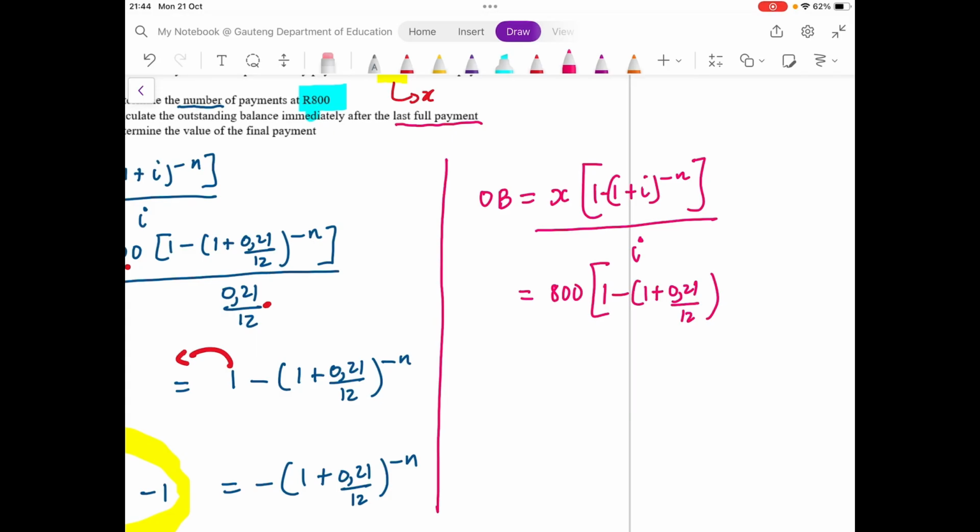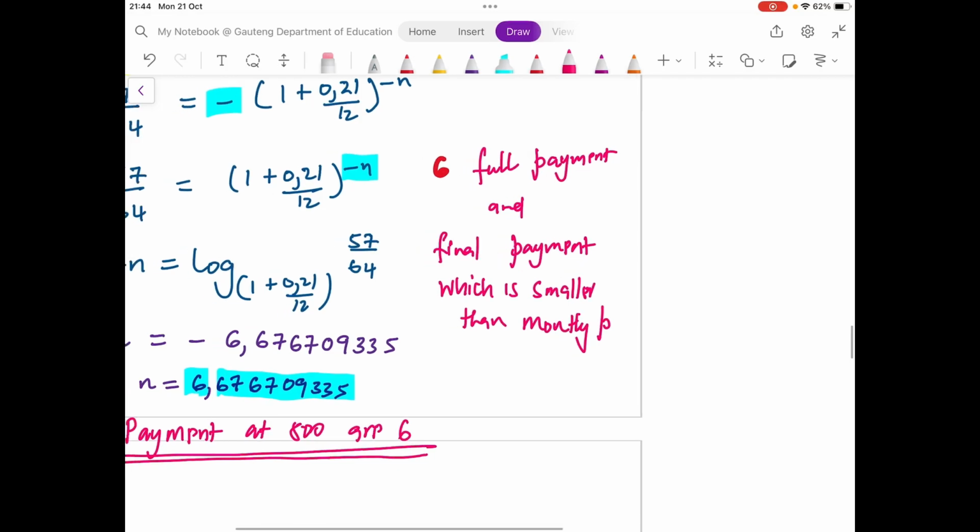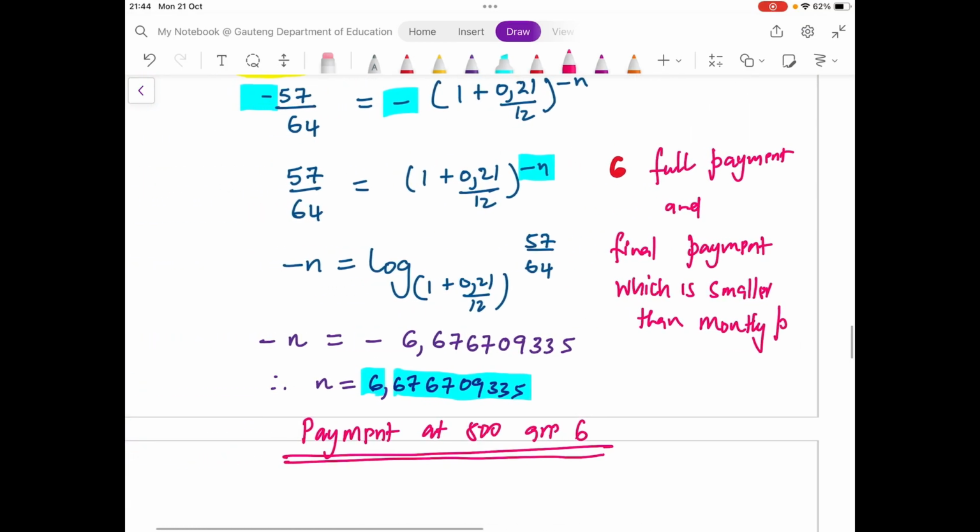And now your N is the number of remaining payments. So you just take the number of payments and subtract the payments that have been made. So from this number that we got here, we are going to subtract 6 because we are calculating the outstanding balance after the last full payment.